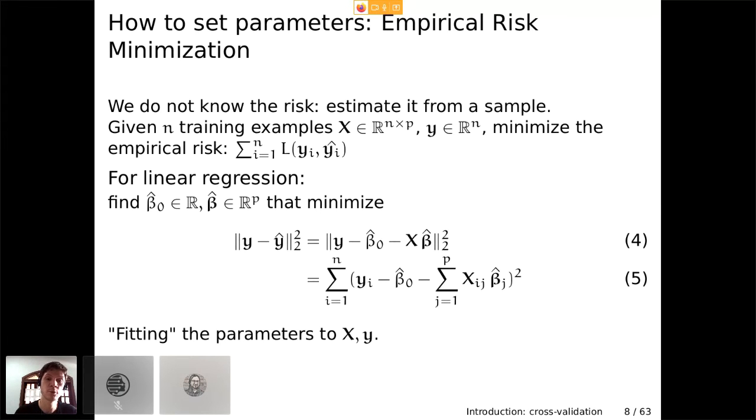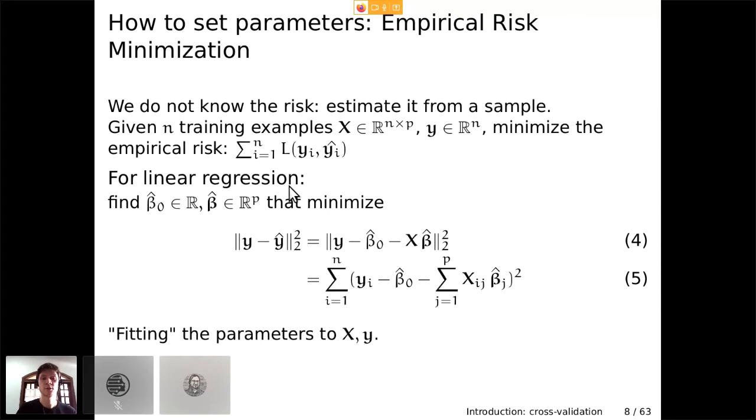We will replace the risk, which is the expected error on a new patient, with an empirical risk, which is the average on a sample of patients that we have collected and that constitute our training data. So we gather n training examples for whom we have both the features, say the image, and the target, for example, the age or the glucose concentration, or whatever we are trying to predict. And we minimize the empirical risk, which is the average loss on these training examples.